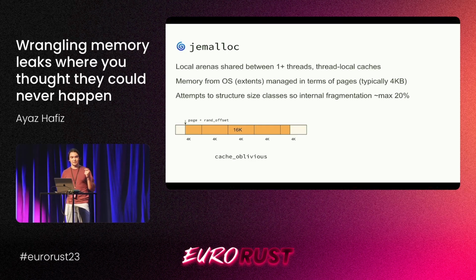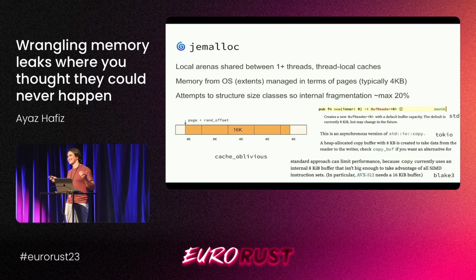But the downside is that now if you have a 16 kilobyte allocation, unless you are very lucky and get the 1 out of 4,096 chance that it's right at the offset of a page, you need an extra page. You need an extra page for the buffer that accounts for the random offset, right? And you might think, well, okay, does this actually matter?